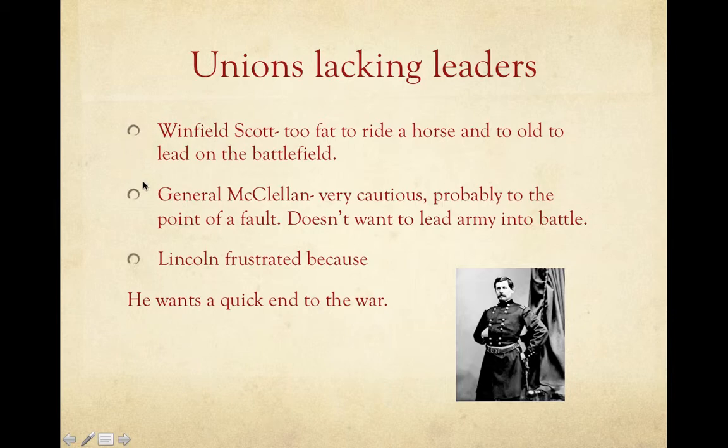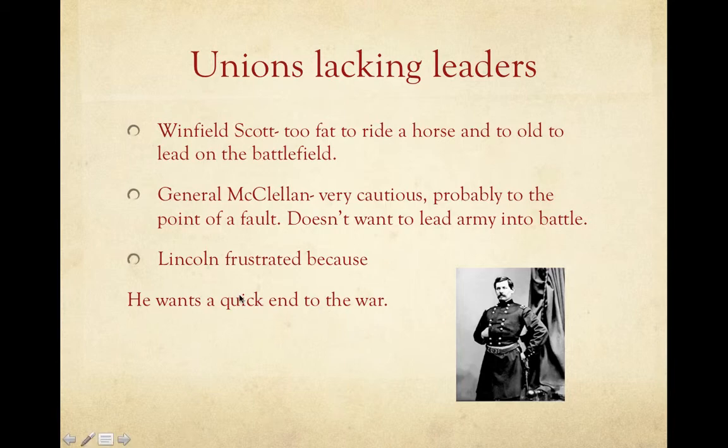So much of the duty comes to General McClellan, who I often refer to as McChicken. This is probably not the fairest title, but he was very hesitant to go into battle. He doesn't want to engage the enemy, especially in the early phases of the war, maybe because McClellan was smart enough to realize just how deadly these battles would be. But that doesn't sit well with Lincoln, because Lincoln wants the war to be over quickly. He was of the belief that the longer these things drag out, the harder it would be to unify the country.